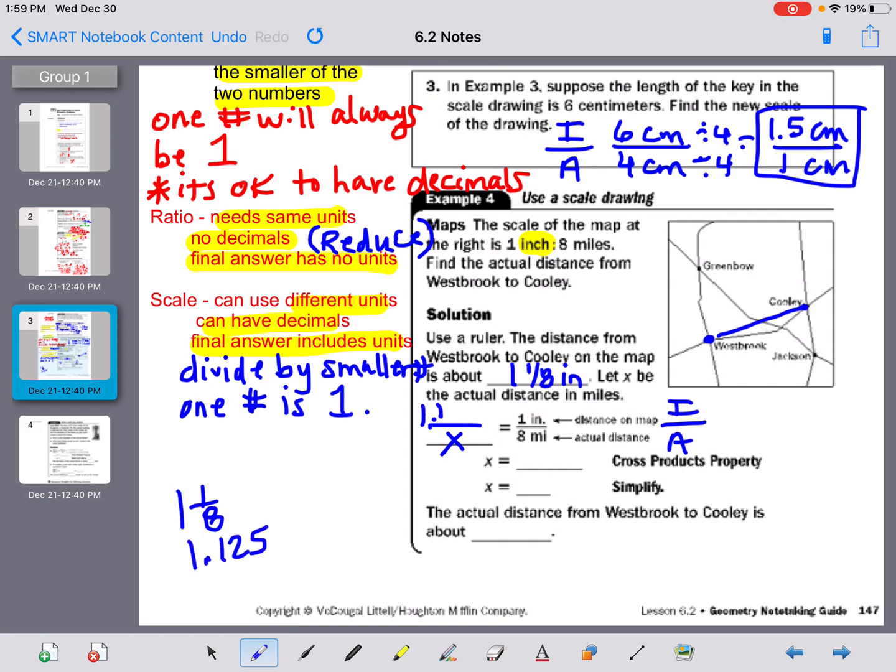So I'm going to put 1.125 inches. All right, cross multiply my means together. X times 1 is just 1x, and 1.125 times 8, I get 9. So it looks like I'm about 9 miles apart between those two. I might be a little bit off. Notice the word about, because if I measured a straight line versus if I tried to measure section to section, but it gives me a general idea using my scale.